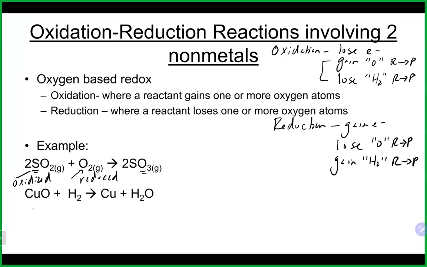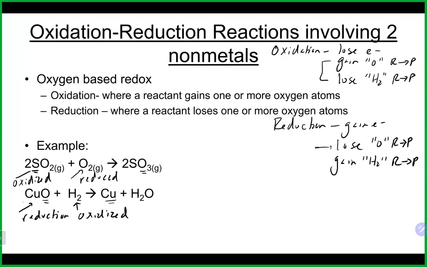Now, when we look at the bottom one here, the copper has oxygen, and does not have oxygen on the other side, so it lost oxygen, which is a definition of reduction. And if that's going through reduction, that means the hydrogen here is being oxidized. In the case of the second one, we actually have a metal, so we could look at the copper.